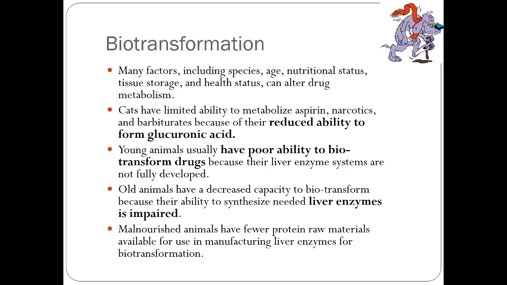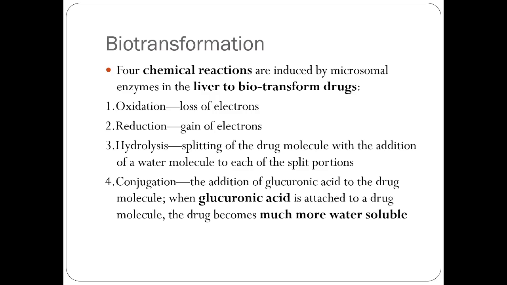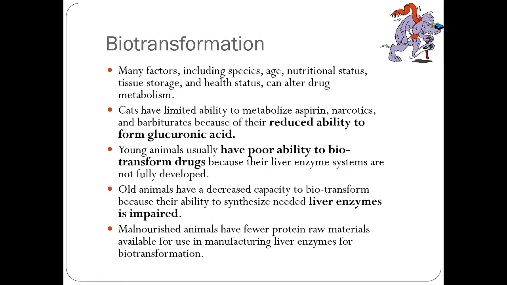Many factors, including species, age, nutritional status, tissue storage, and health status, can alter drug metabolism. Cats have a limited ability to metabolize aspirin, narcotics, and barbiturates because they don't have a great ability to form glucuronic acid. And I just said glucuronic acid is used with conjugation to make it water soluble.